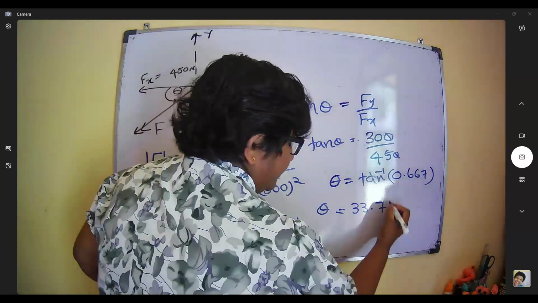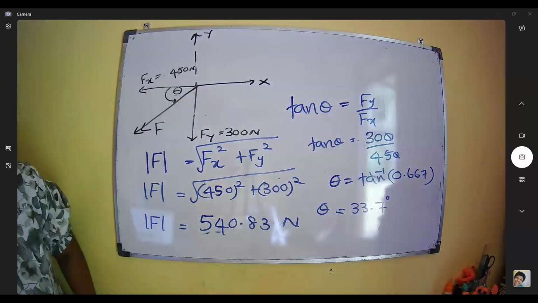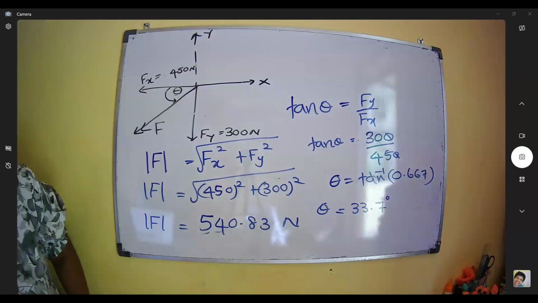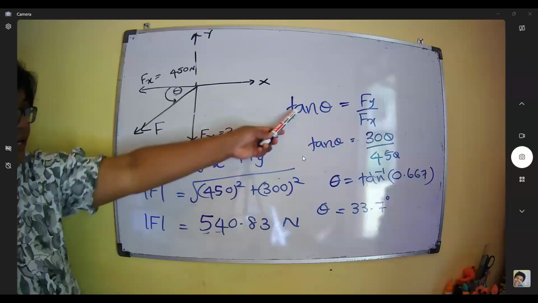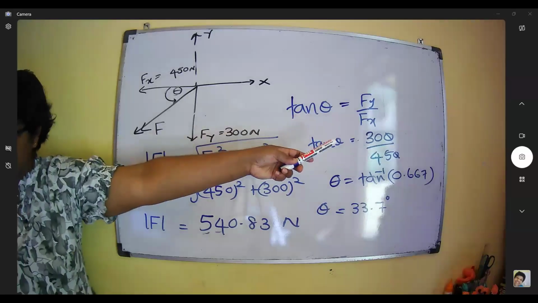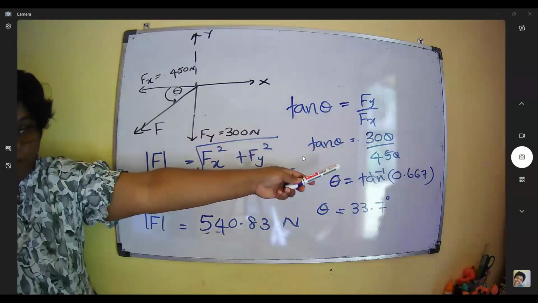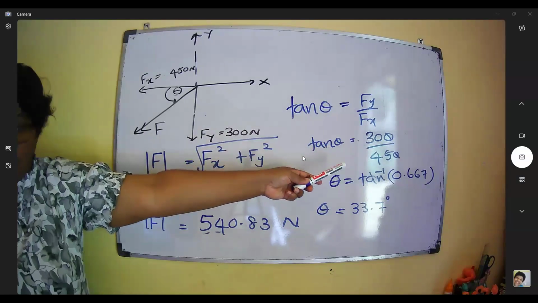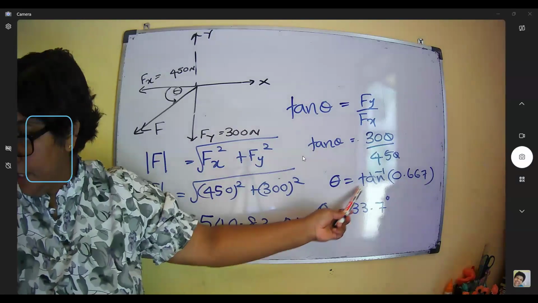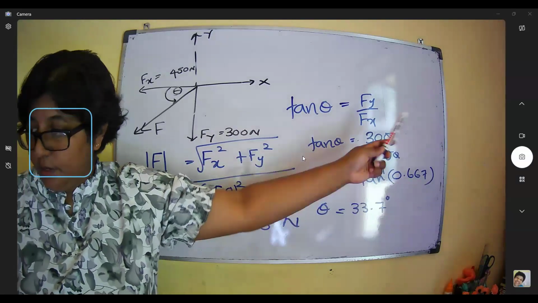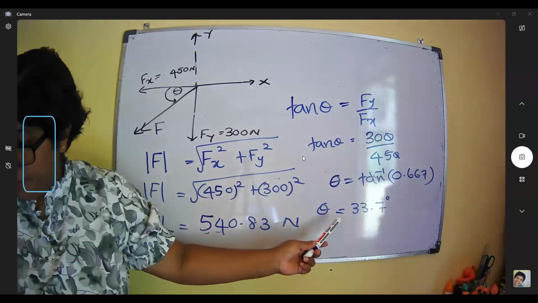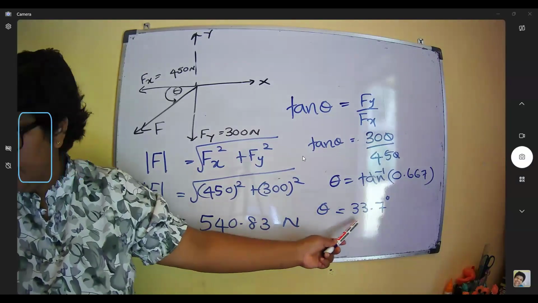This is the direction. And tan theta is equal to Fy over Fx. Fy is 300 Newton divided by 450. Then theta is equal to tan inverse of 0.67, and the value of theta is 33.7.